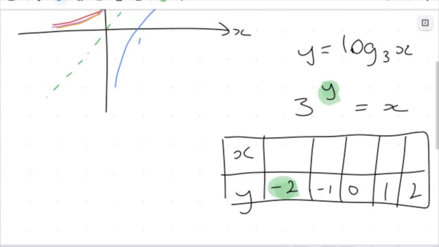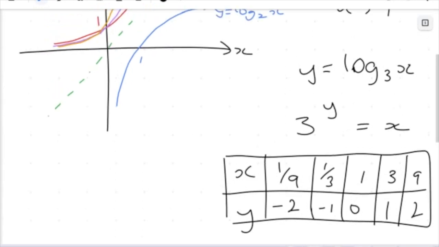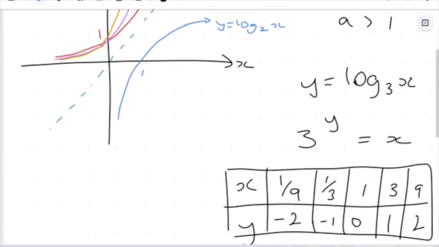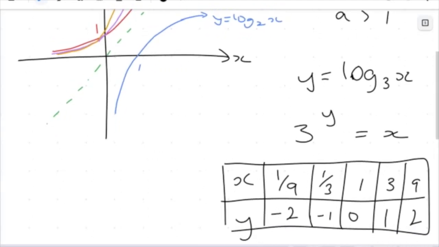Substituting all of these y values into here, I'm going to get my x output basically. So this one, I'm going to get 3 to the power of -2, that's 1 over 9. 3 to the power of -1 is 1 over 3. I'm going to get 1 here, I'm going to get 3 here, and I'm going to get 9 here. So let's draw this up once again, and we're going to see something interesting happen.